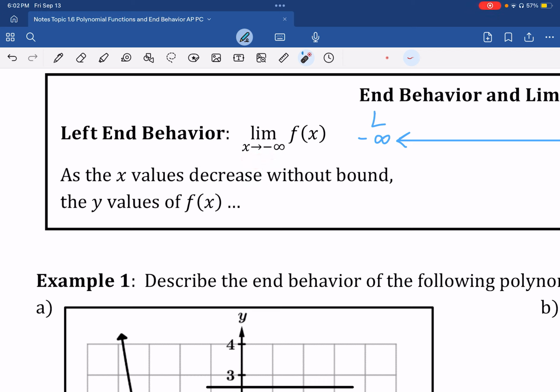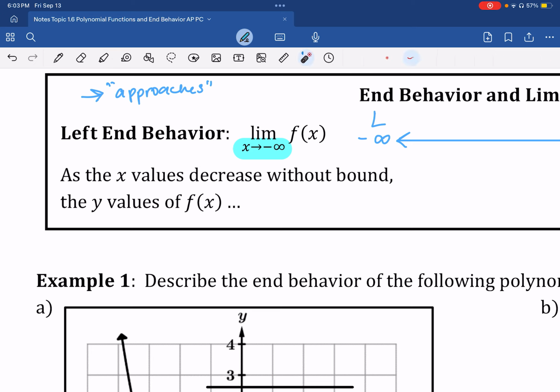So the arrow is approaches. Okay. So on the left side, you're going to see that it's always going to approach negative infinity because on the left of the x-axis, you have negative infinity as we just discussed over here.